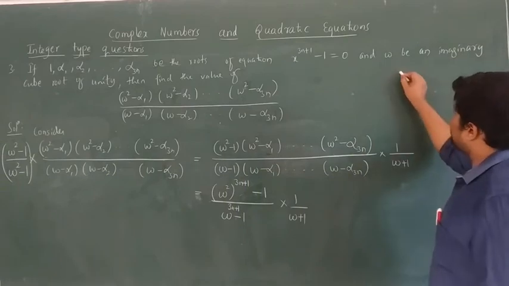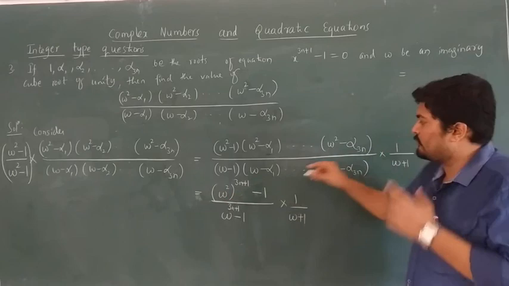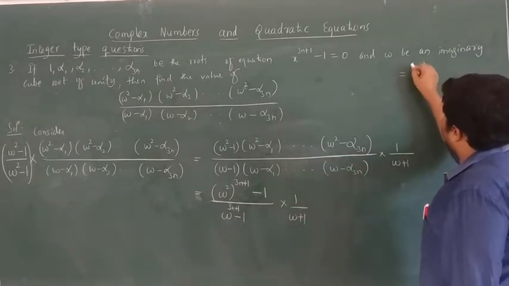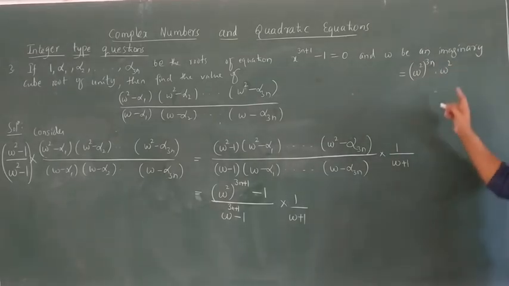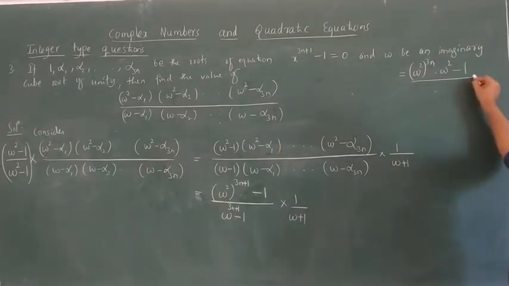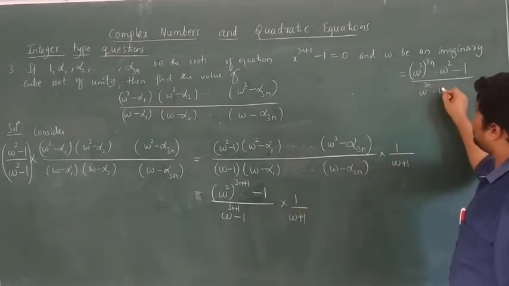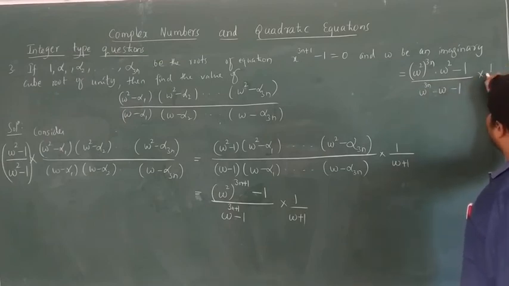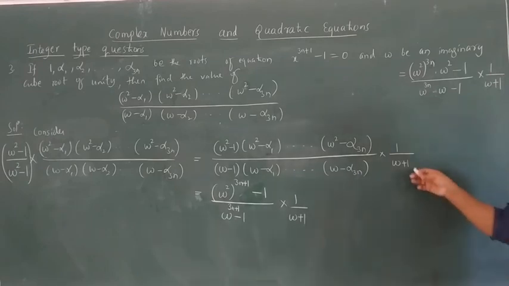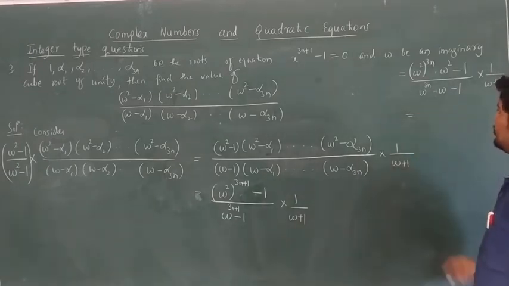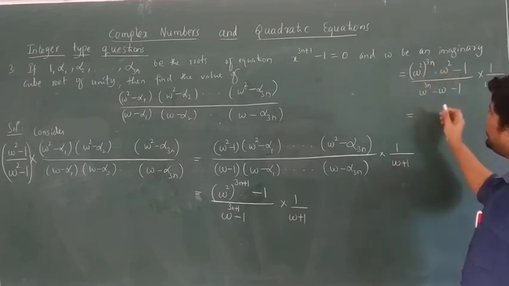Now come to the next part. Here you can write this ω² to the power 3n plus 1 as ω² to the power 3n into ω², utilizing the law of indices, minus 1 as it is, whole divided by ω to the power 3n multiplied with (ω − 1) multiplied with the remaining factor 1 divided by (ω + 1). Now, ω² to the power 3n is present, isn't it?